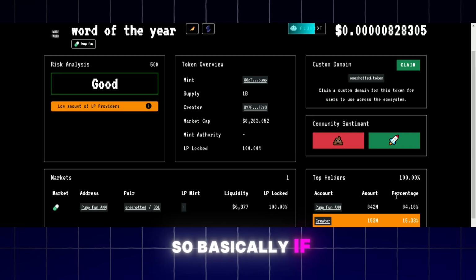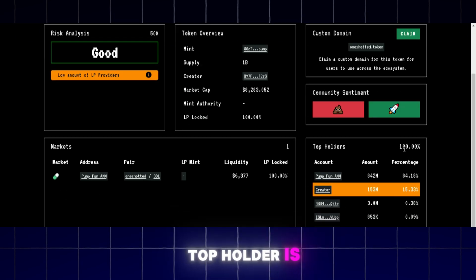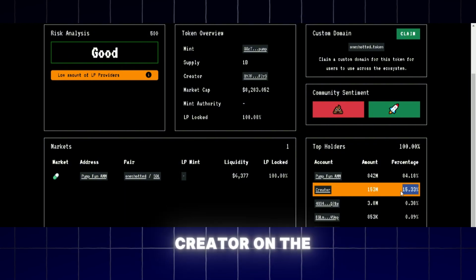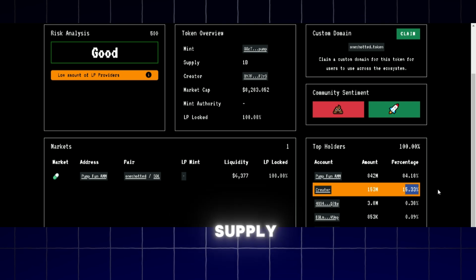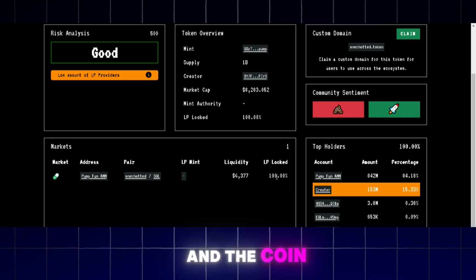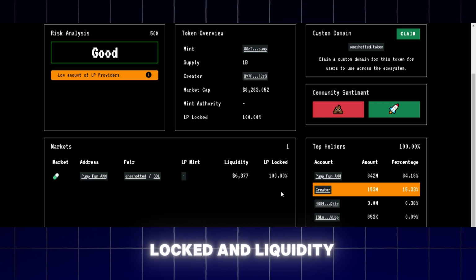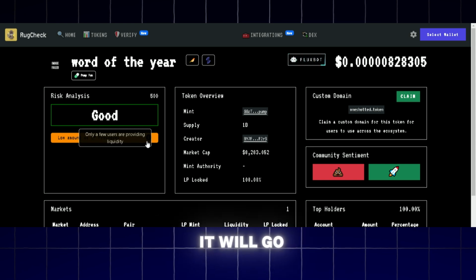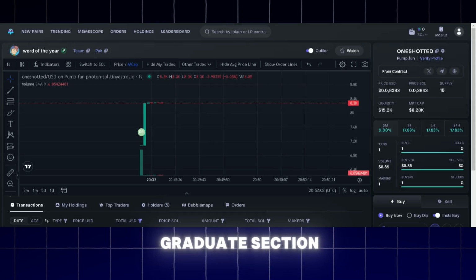If you see the top 10 holders, the top holder is only 15% of the supply, which is quite good. The coin is initially locked, and liquidity is also locked, but a low amount of liquidity is provided. It will be fixed right now, then it will go to the graduate section.